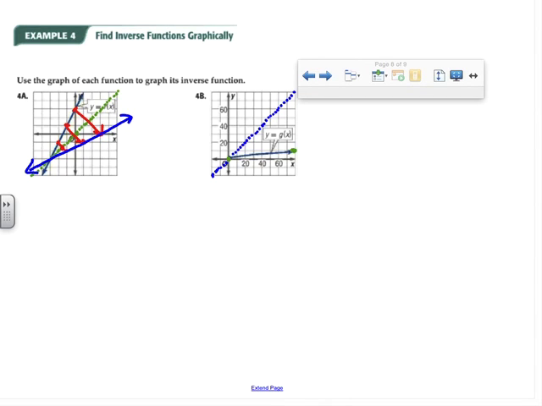So this point here, when I reflect it over that blue line, comes here. So now my final graph looks like this.